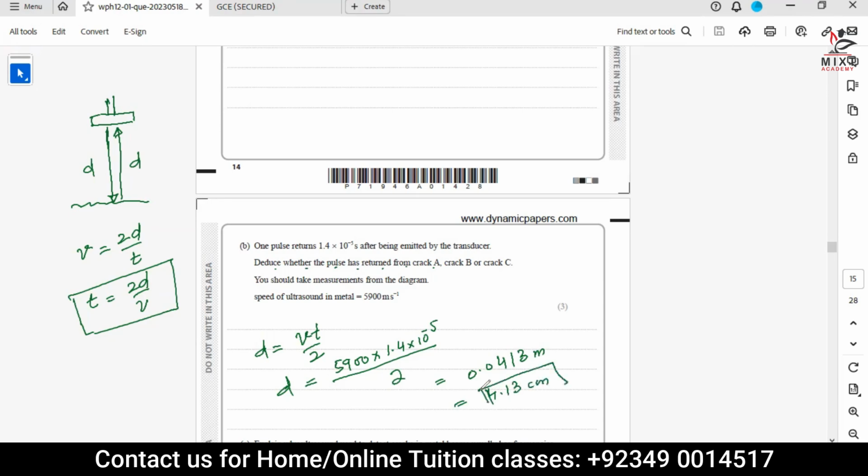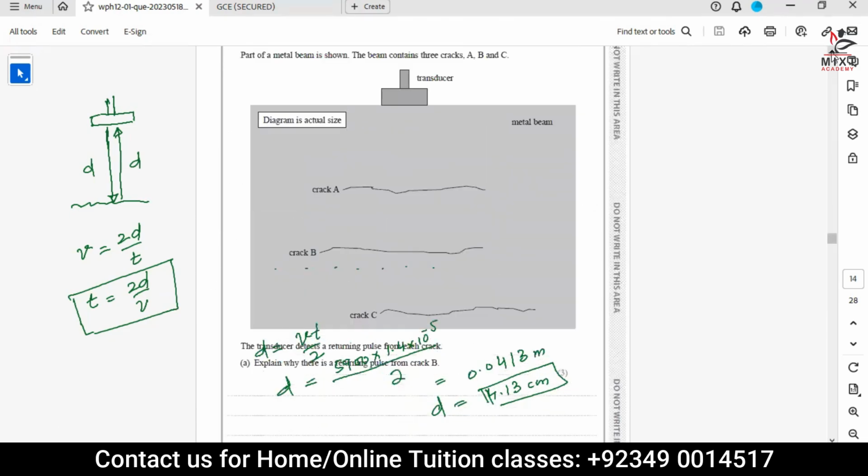This is your D. Now, what you will do, you will take the ruler and measure the distance between the pulse and the cracks, okay? Have you understood it? Which distance is 4.1?